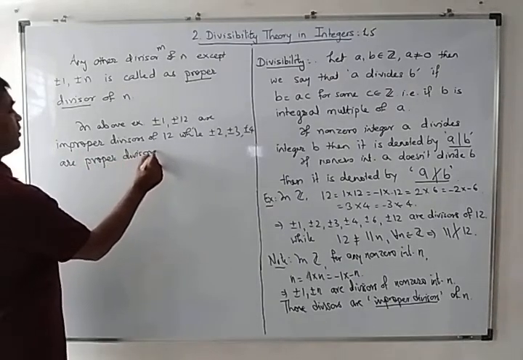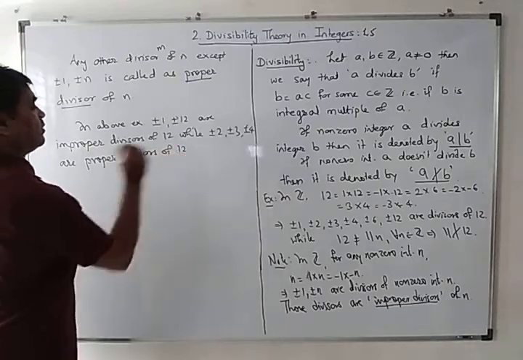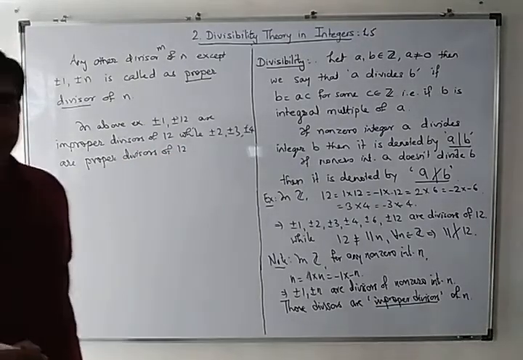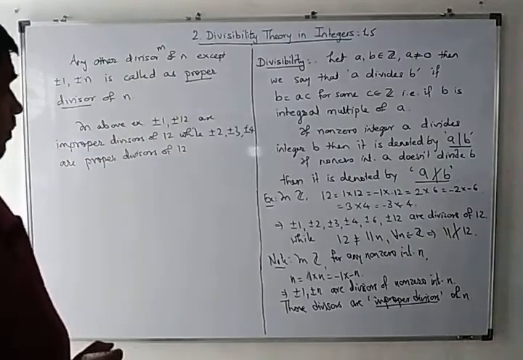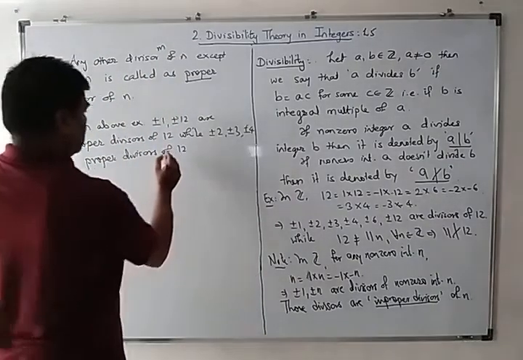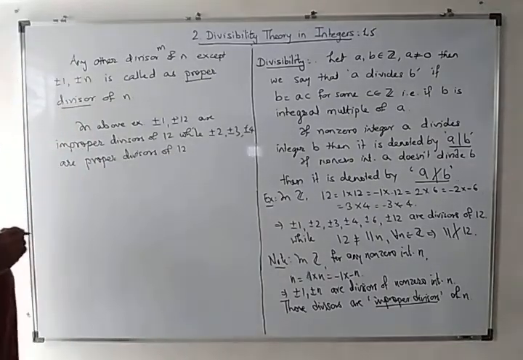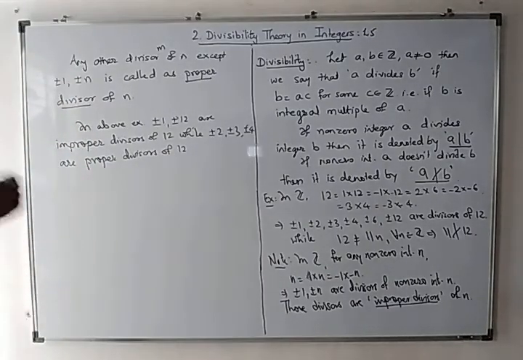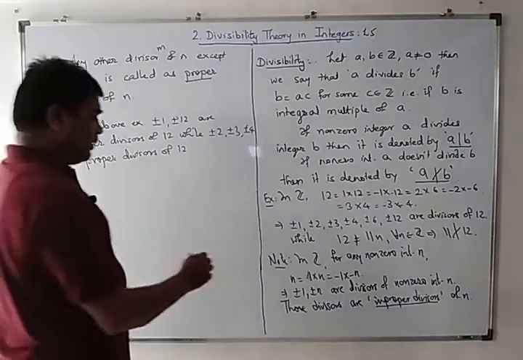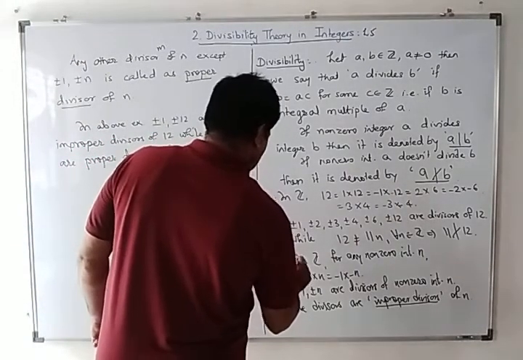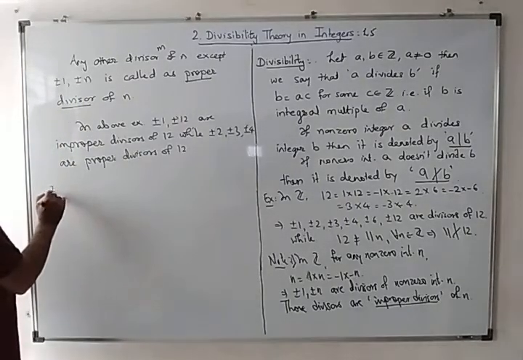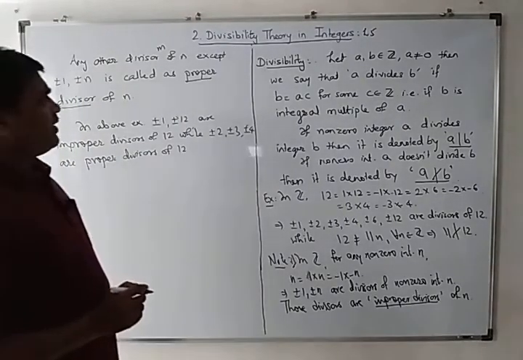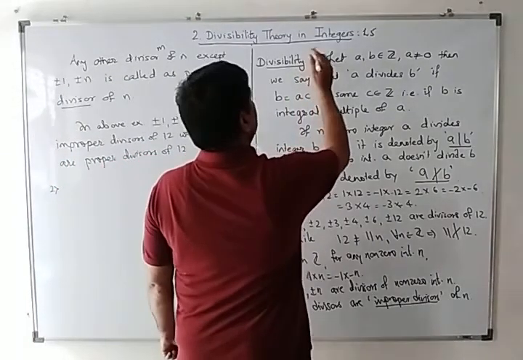Okay. This is note number 1 about improper divisors and proper divisors. So this is the definition of divisibility in Z.